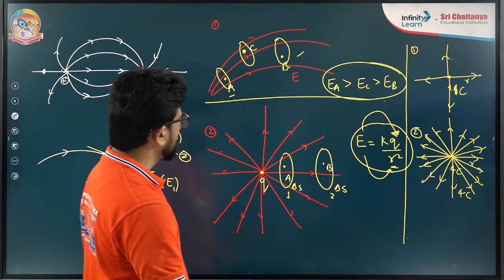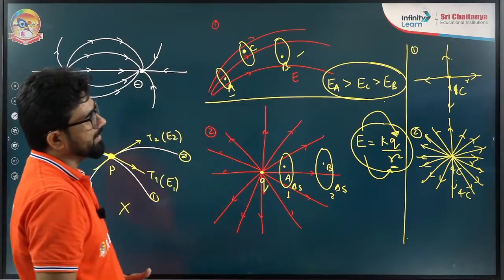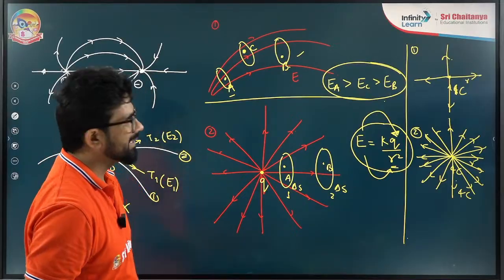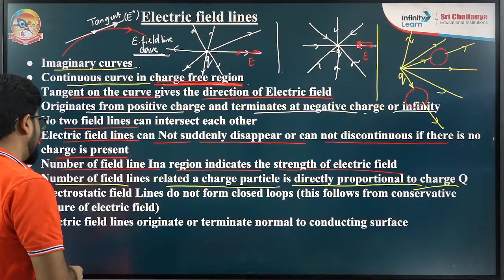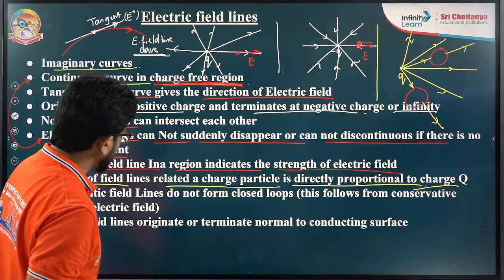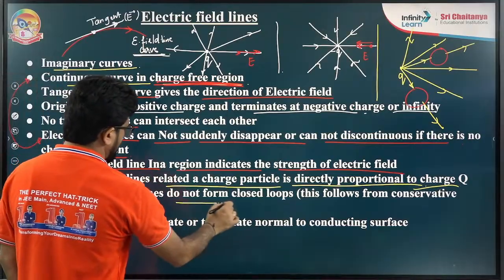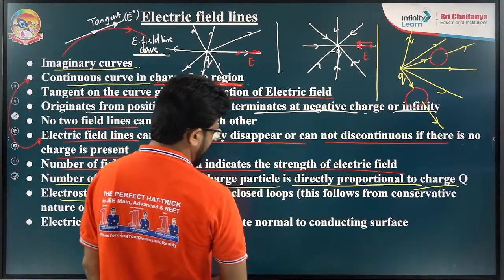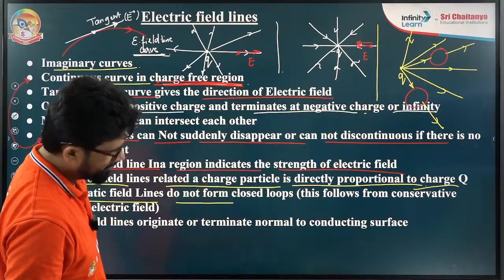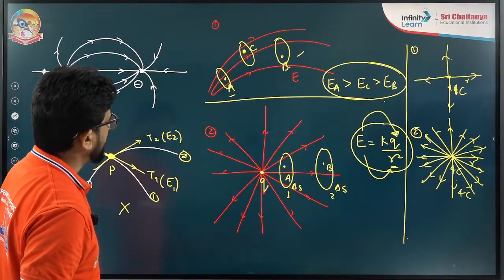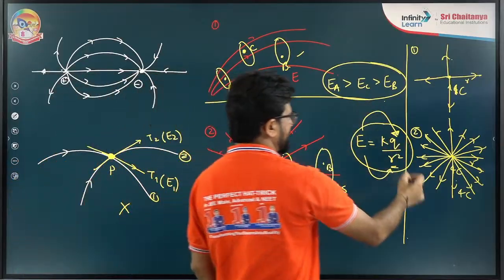Now, listen carefully. Now the second question comes to you: how many field lines are produced by a charged particle? For that you have to read the next point. What is the next point? The electrostatic field lines do not form a closed loop. We can write it, but before that I will tell you one more point. I am telling you how many field lines are produced.